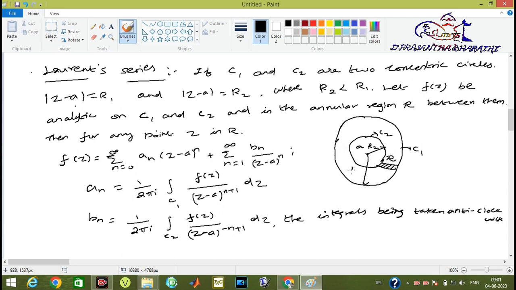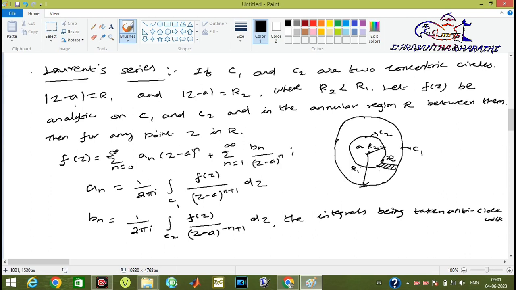Now the region covered by modulus z minus a equal to R1 is more, whereas z minus a equal to R2 is less. So this is the region covered by the radius.